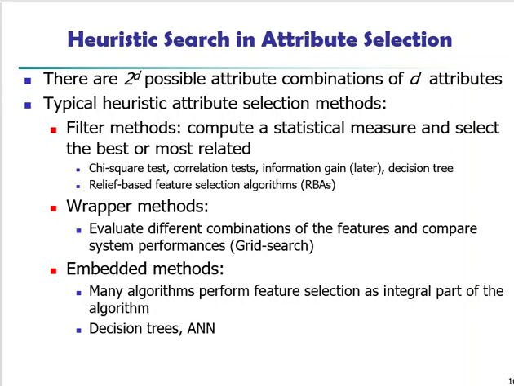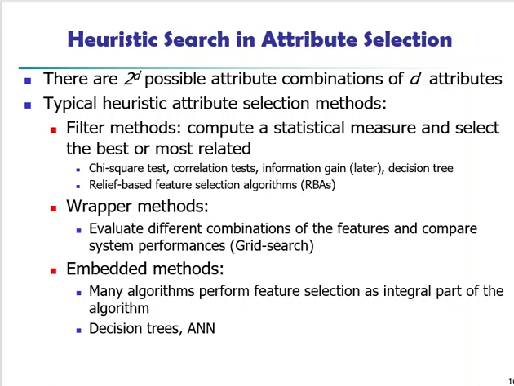The second general group of feature selection methods is the wrapper methods. This idea is what we have discussed earlier. If we have 2 to the power d possible attribute combinations, maybe we can run our algorithm on those 2 to the power d possible attribute combinations, so 2 to the power d times, to see which set of attribute combination actually gives us the best result.